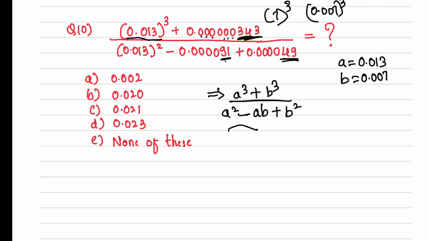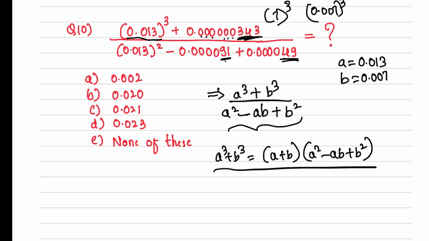So if you can remember this formula, A cube plus B cube equals A plus B and A square minus AB plus B square. So this formula is there. So this value will be equal to A plus B. And if you find the A plus B value, then you will get the correct answer.